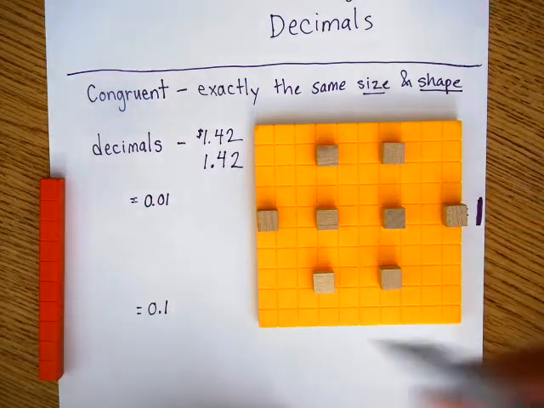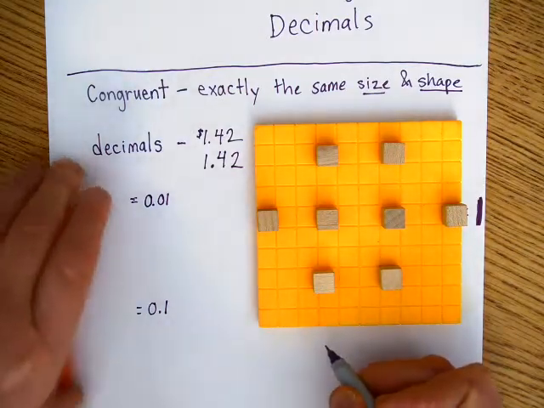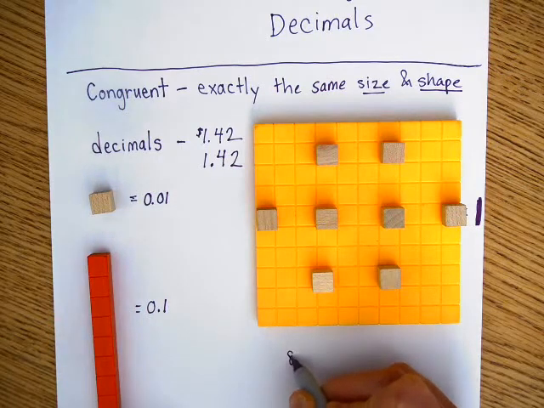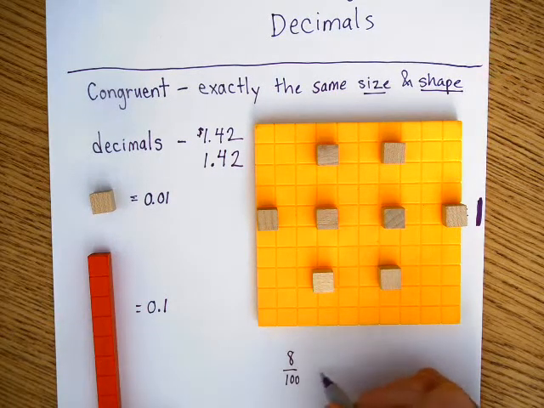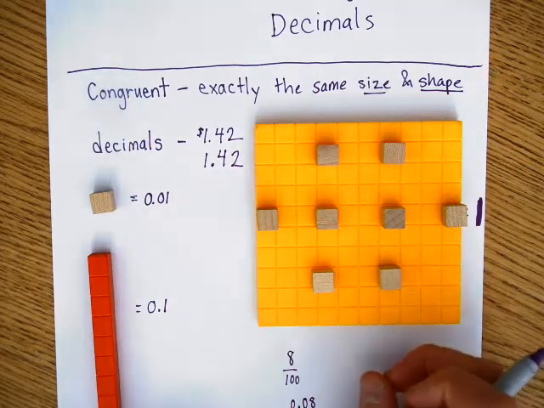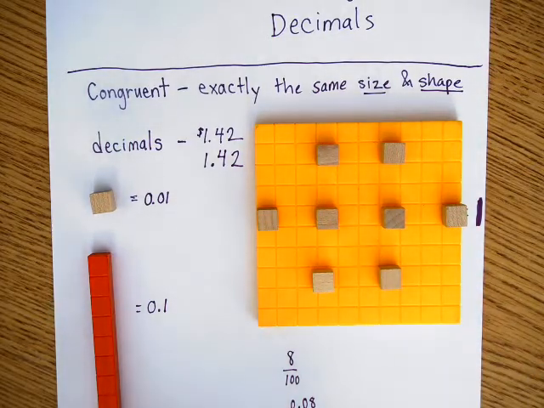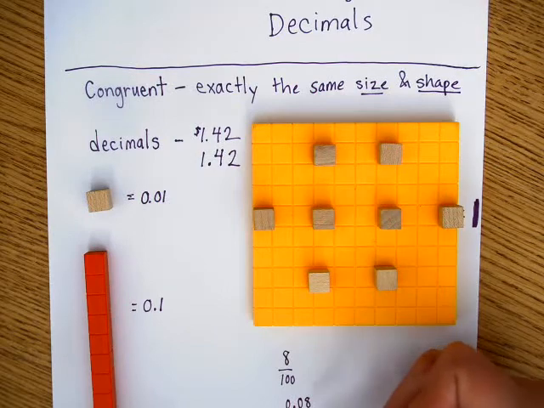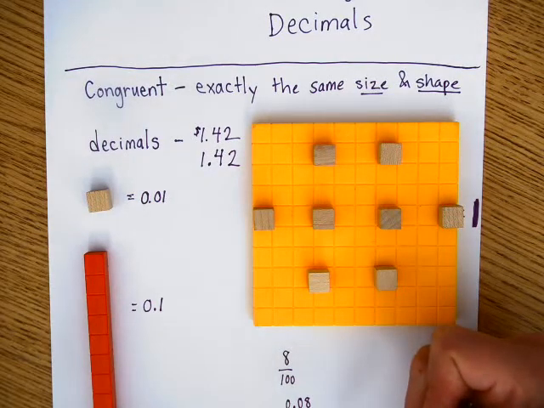Okay, so we want them to be able to say that 8 hundredths, 8 out of 100, or 0.08 of this is filled in, with this line of symmetry. We also want them to be able to read and write these decimals to the hundredths place. And we also want them to be able to draw line segments to connect points.